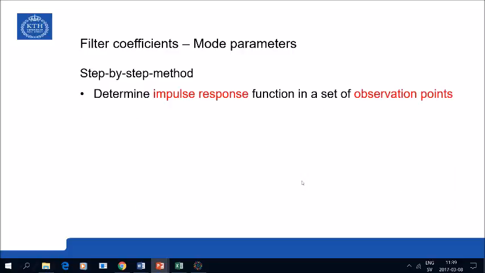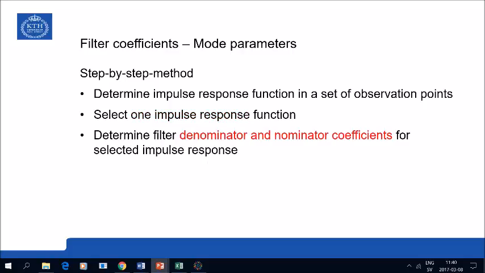So if we want to formulate a step-by-step method to determine the mode parameters from the filter coefficients, we start with determining the impulse response function in a set of observation points. Then we select one impulse response function, preferably one which does not use an observation point on a mode's node line.